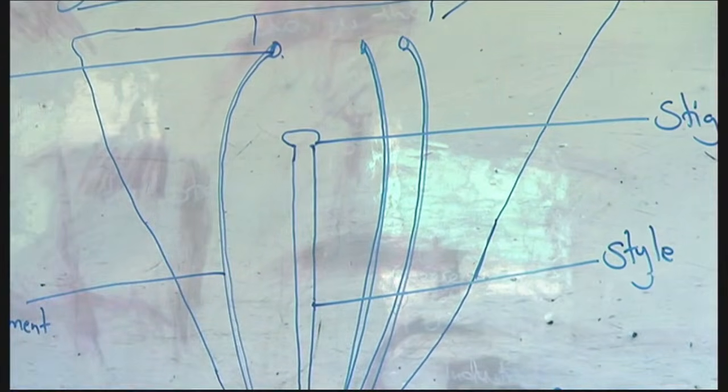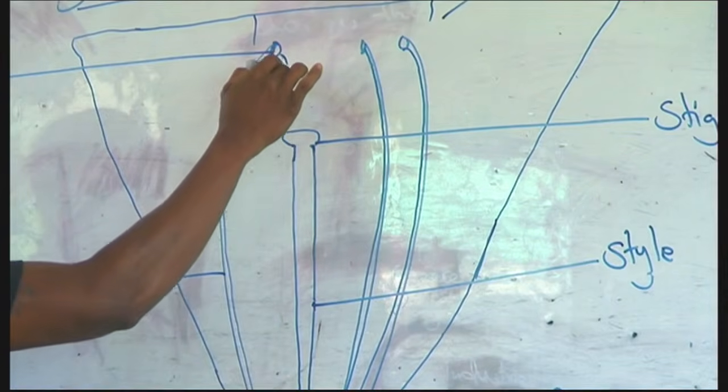And then we have another structure, which is the stigma. The stigma receives the pollen grain from the anther.